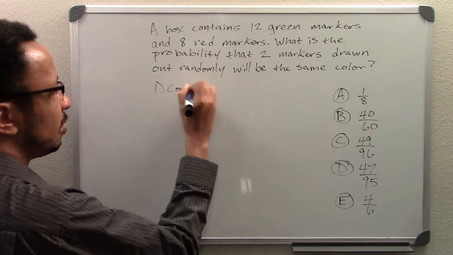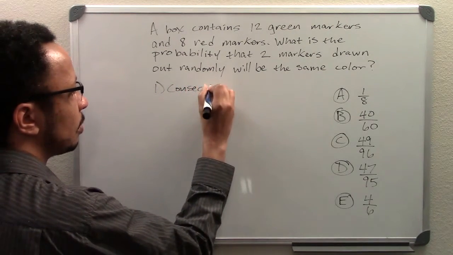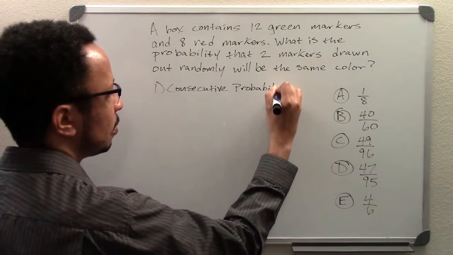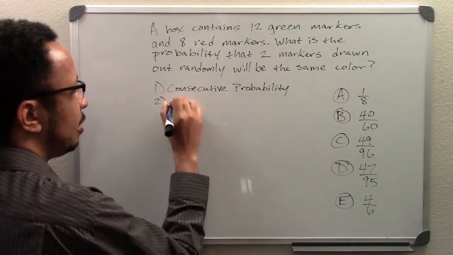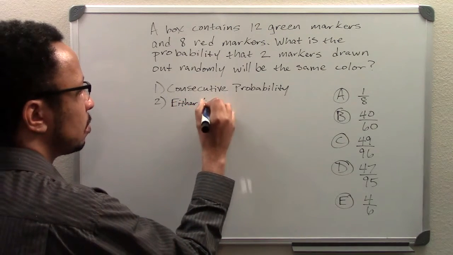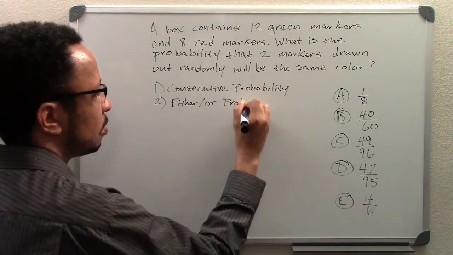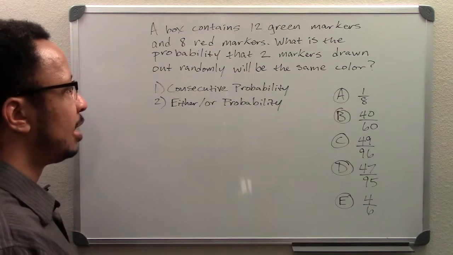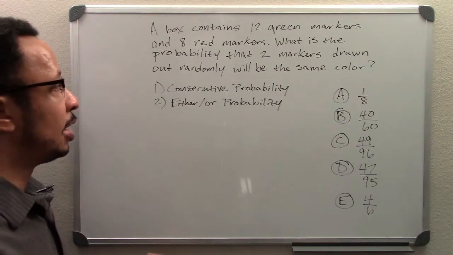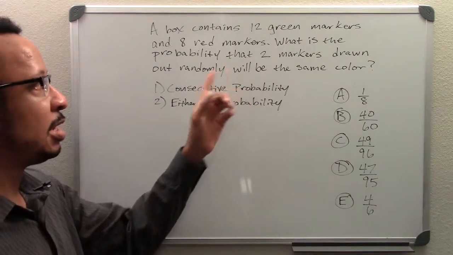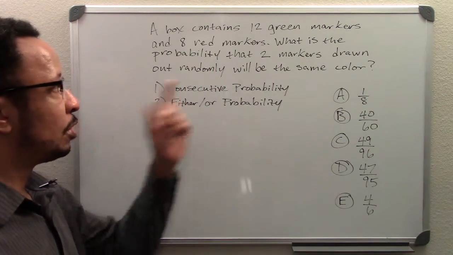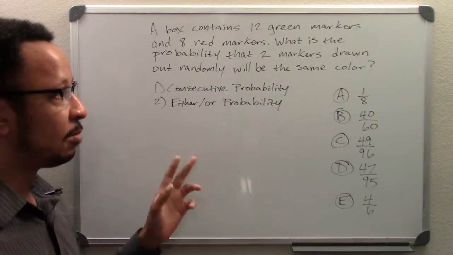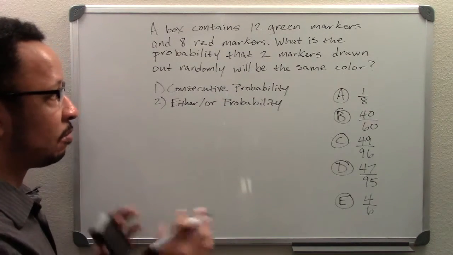One, consecutive probability, and two, either-or probability. We'll start with consecutive probability, because when you draw out two markers of the same color, you're doing it twice of the same color, so that's a consecutive situation.